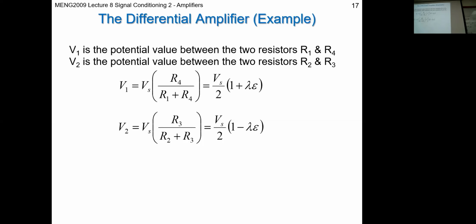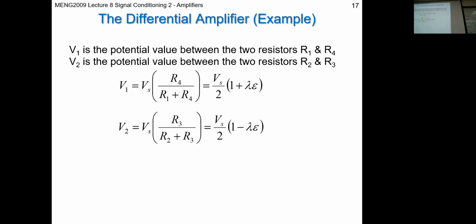multiplying out the bottom part, you get R0 plus R0 lambda epsilon minus R0 lambda epsilon. So you end up with R0 times 1 plus lambda epsilon on the top over R0 times 2 on the bottom.